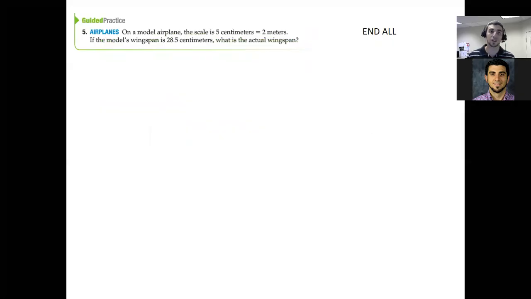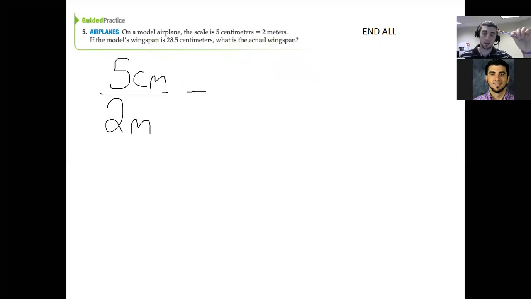All right, we're back. So on a model airplane, the scale is 5 centimeters equals 2 meters. If the model's wingspan is 28.5 centimeters, what is the actual wingspan? So I'm just going to set it up 5 centimeters over 2 meters. So that's scale over actual.